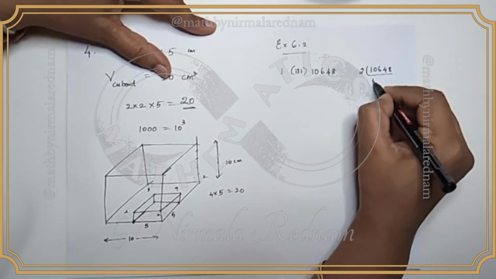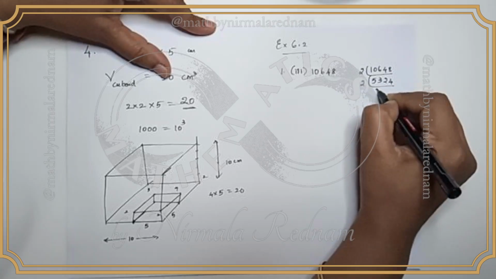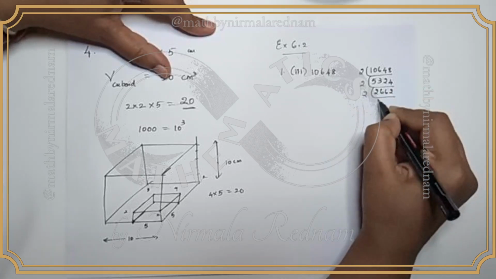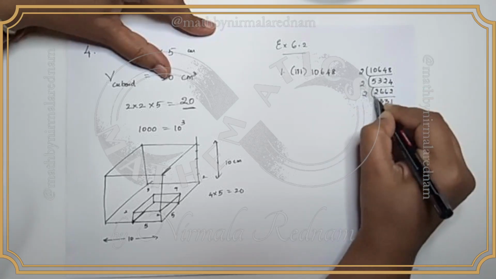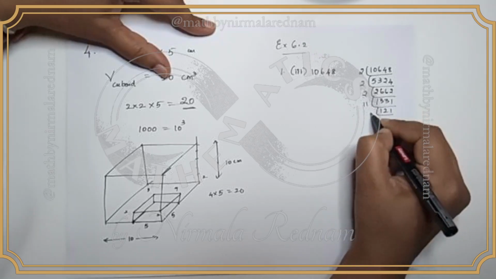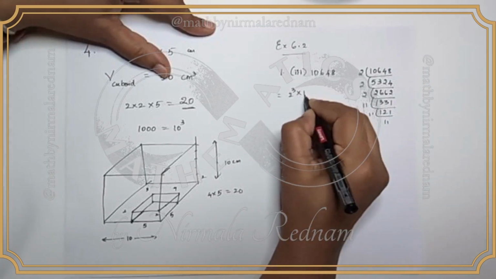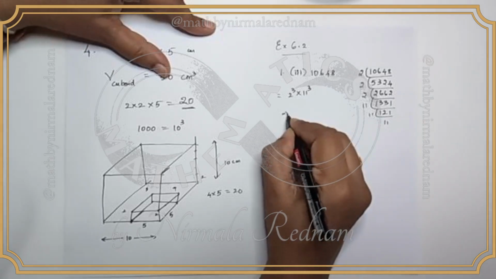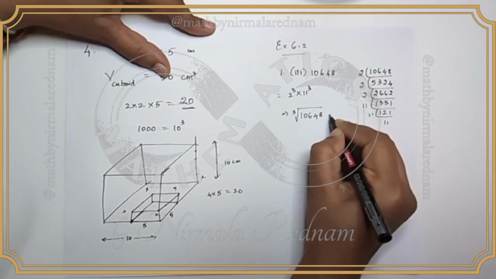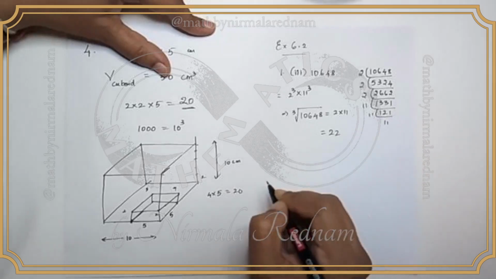So I have 5324, 2662, 1331. This is 11 cube. So this is nothing but 2 cube into 11 cube. That means cube root of 10648 is equal to 2 into 11, which is nothing but 22.